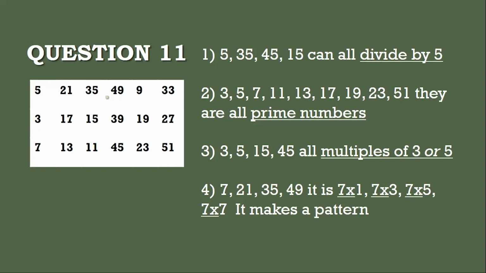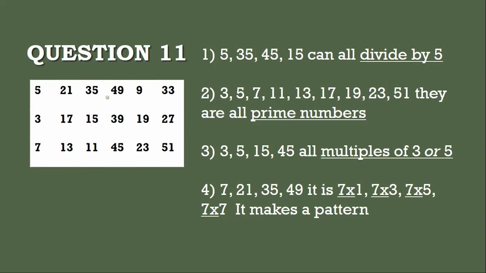Number 3, this one said, I choose 3, 5, 15, and 45 because all of them are multiples of 3 or 5. Not and. Remember, this one said 3 or 5. So you test to say, can this one be divided by 3 or by 5?